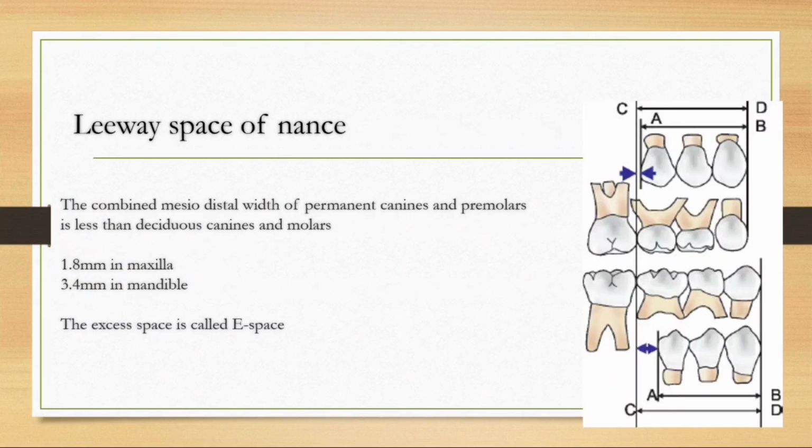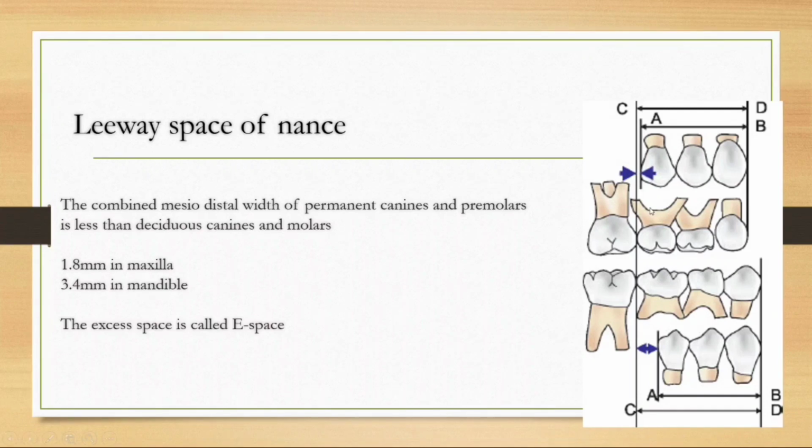Now the most important short note, that is the leeway space of Nance. So what is the leeway space of Nance? You need to draw this picture. That is the mesiodistal width of permanent canine and premolars. You can see these are the 2 premolars and canine. These are permanent teeth, and here we have the canine and 2 deciduous molars.